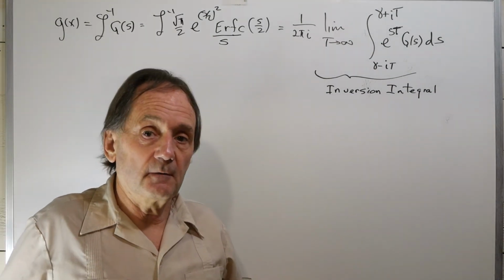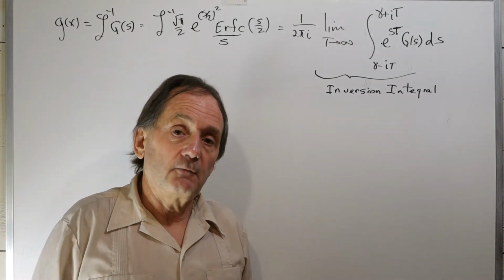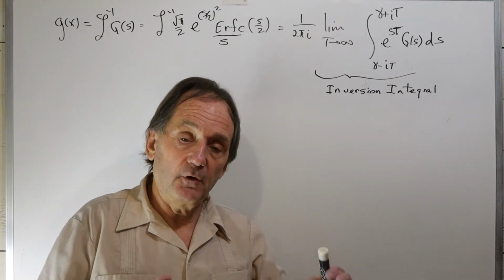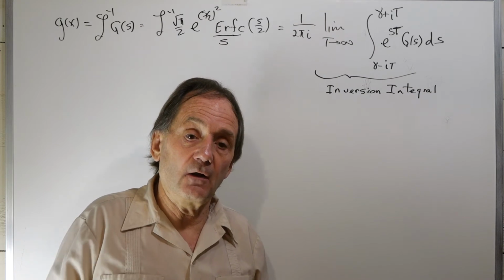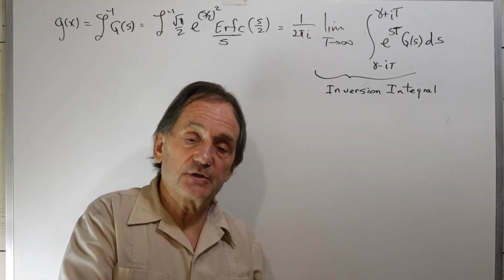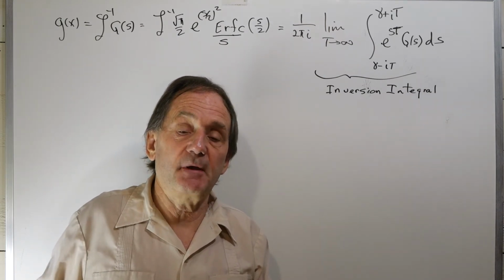So the question comes up: when we're dealing with Laplace transforms and we're in the s space, the transform space, and after we've done all our manipulations, how do we get back to the original space?